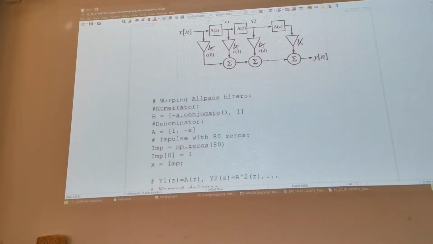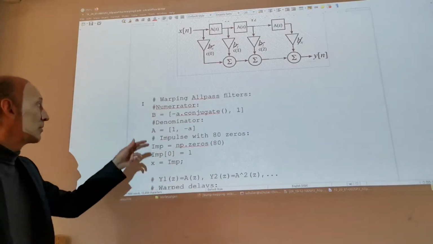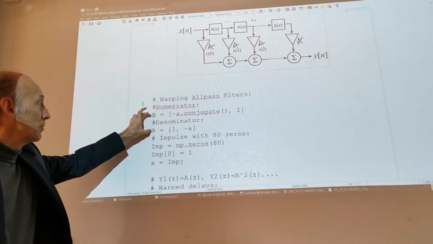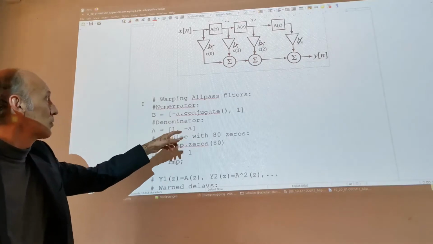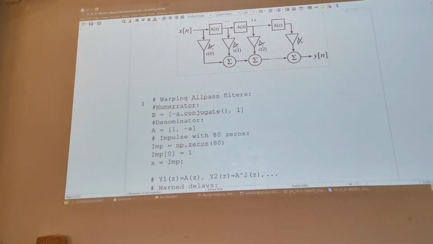And the implementation now has to be done independent of lfilter, because lfilter always has those delay elements. So basically here we have to do it manually. So here we can see the B and the A for our all-pass filter using our A that we just determined. Here we can see the impulse response.